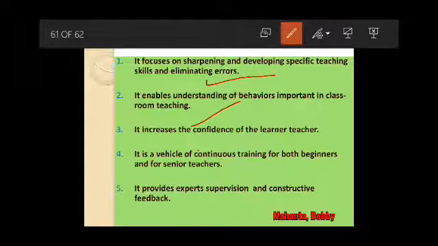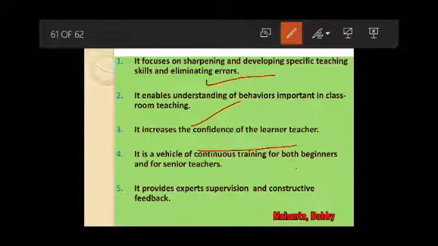Okay, the next is it increases confidence in the learner. Obviously, once your skills have been sharpened, it has been molded, then definitely confidence will be built up. And it is regarded as a vehicle of continuous training.